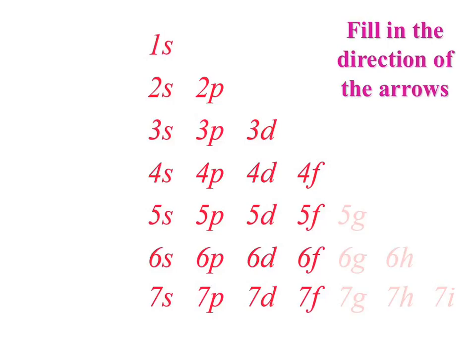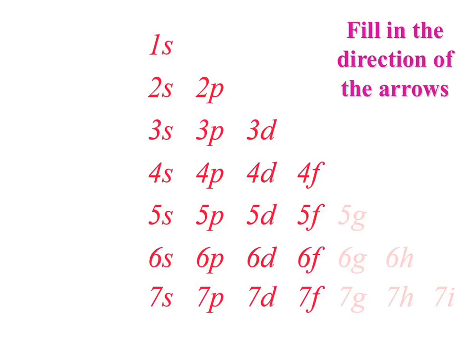Now you'd be like, what's the point of this? Well, each arrow actually represents one orbital or a set, in some cases, of orbitals that have the same n plus l value. You guys told me, or I told you, or we worked it out together, that the 3p and the 4s have the same n plus l value, and they do.